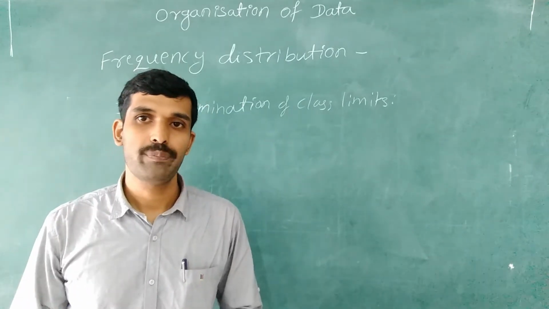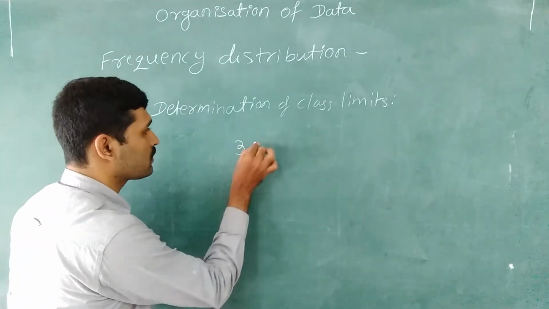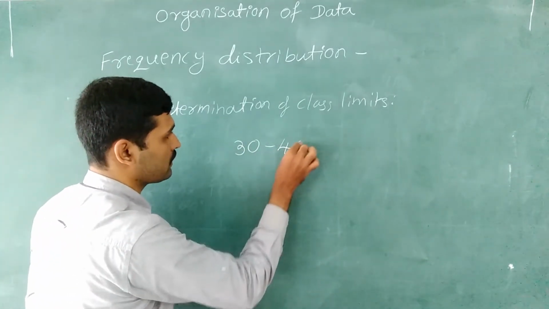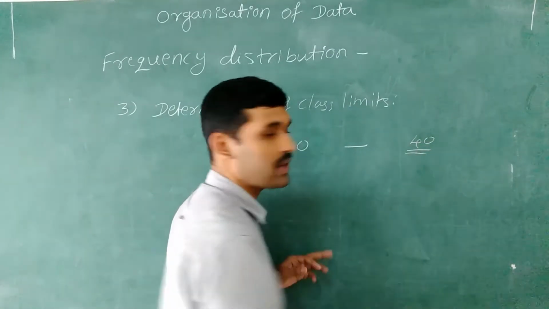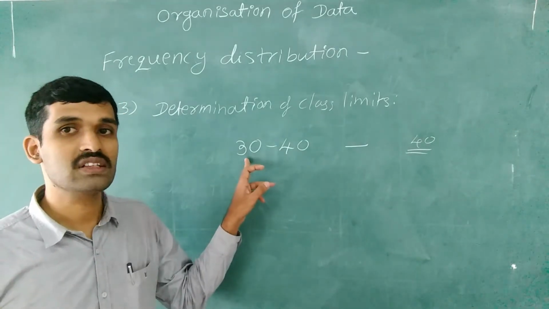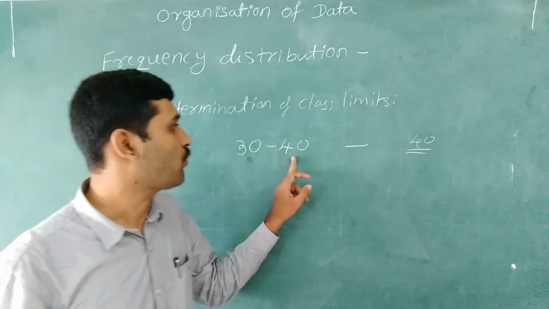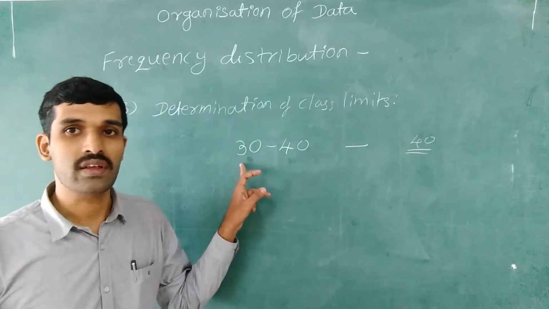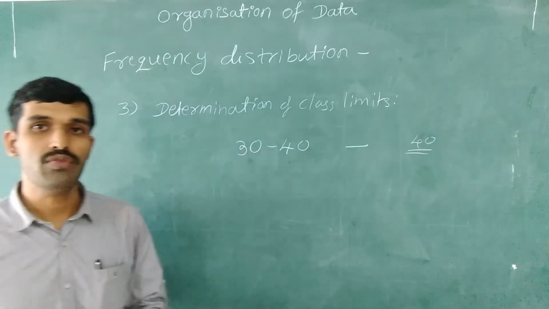For example, the upper class limit of the class 30 to 40 is 40. If you have taken the class limit 30, 40 here, upper class limit is 40 and lower class limit is 30. These class intervals are of two types.